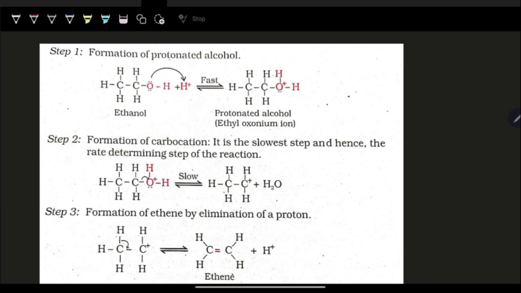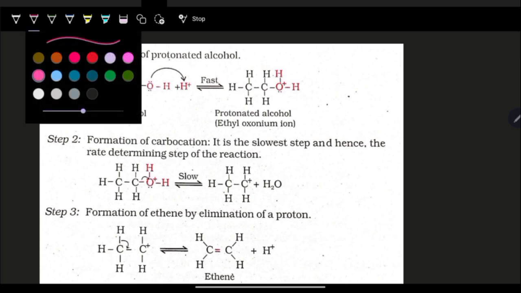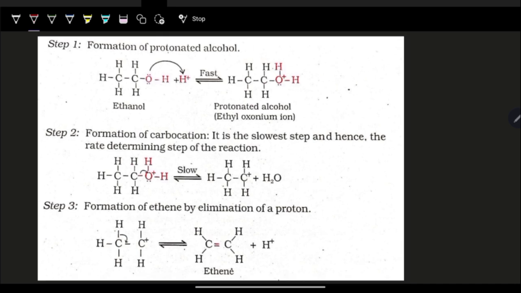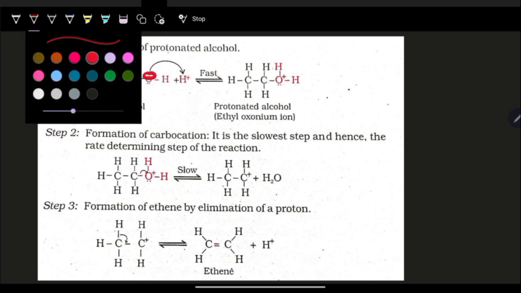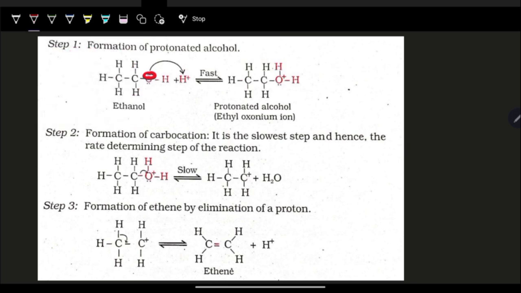In ethanol, we can see that the lone pair on oxygen is abstracting the proton, and it forms the oxonium ion, the protonated alcohol. Oxygen is electronegative, so it gets a positive charge.